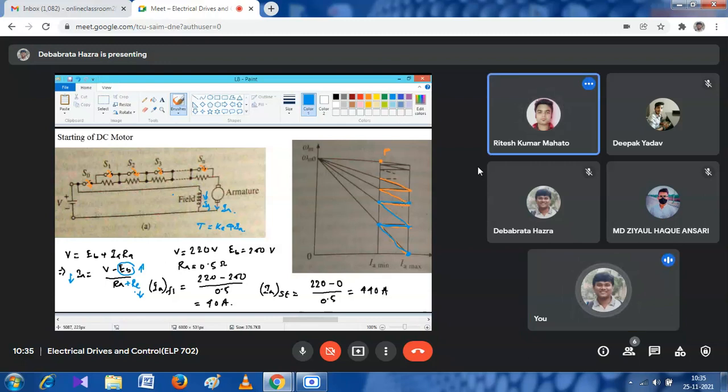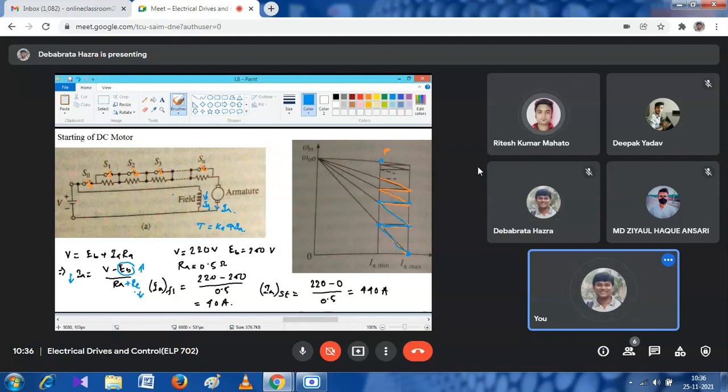ओके सर। ऐसे करके वो P पॉइंट में आ जाएगा। वही है हमारा ऑपरेटिंग पॉइंट। दैट मीन्स द P पॉइंट इज द ऑपरेटिंग पॉइंट of that motor, and this is the starting procedure, or you can say starting of a DC motor.